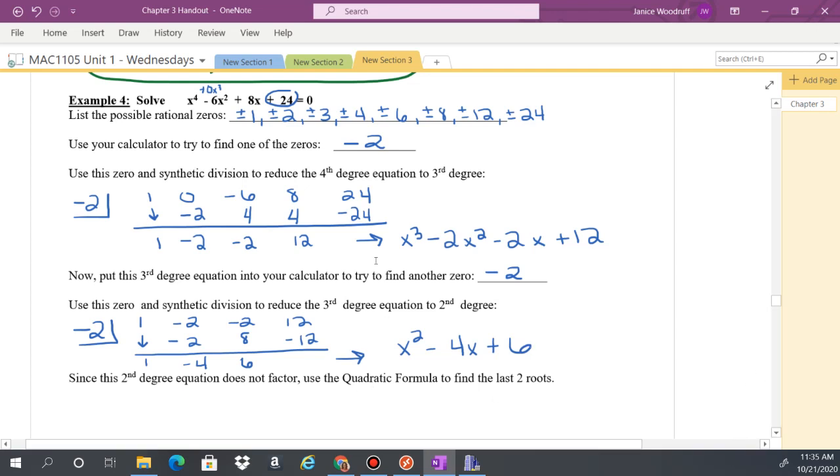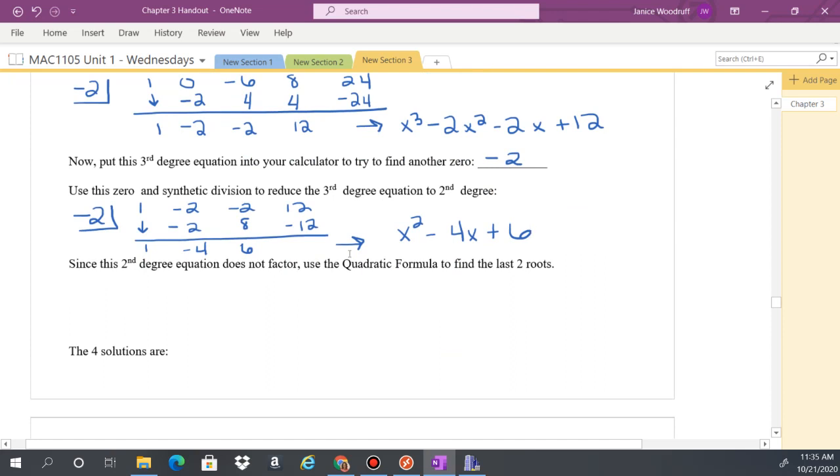Now I have a quadratic. Now I can use the quadratic formula. So we'll do -b, so -4. That'll turn into +4. Plus or minus the square root of b squared minus 4, our a is 1 and c is 6, over 2 times 1.